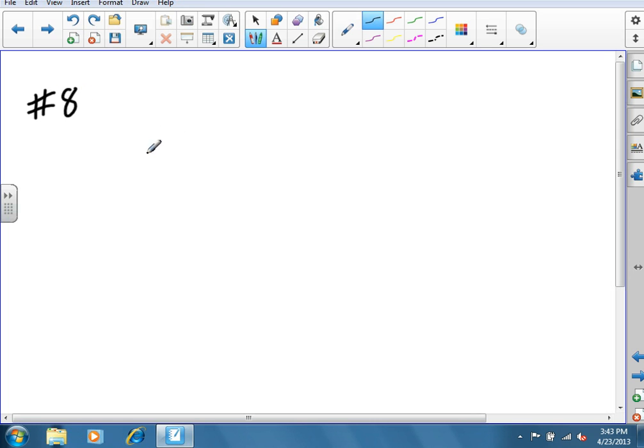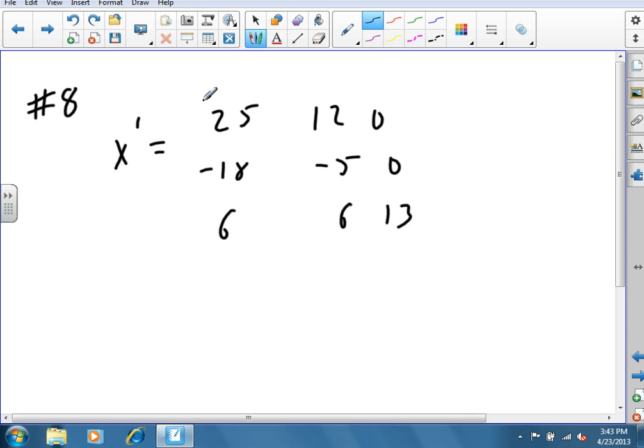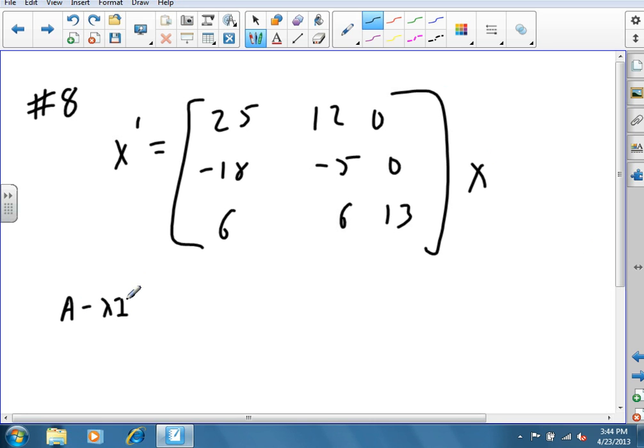Okay, so x prime equals the matrix 25, 12, 0, minus 18, minus 5, 0, 6, 6, 13, times x. Okay, so I wrote the problem down right. Alright, so I want the determinant of A minus lambda I set equal to 0.